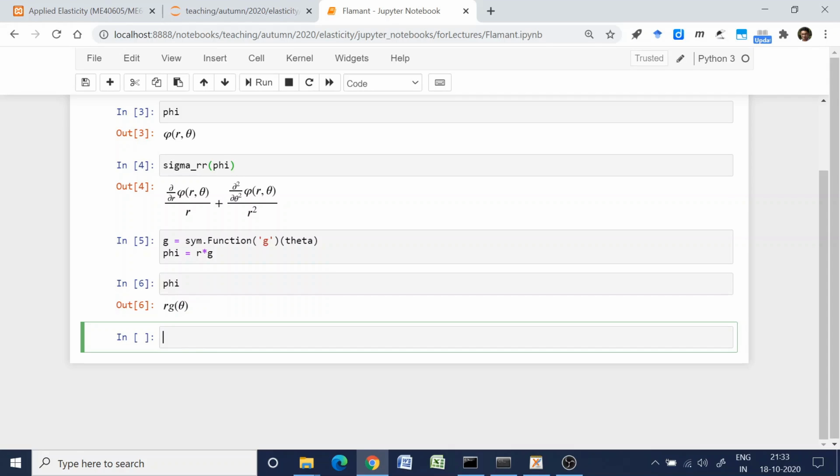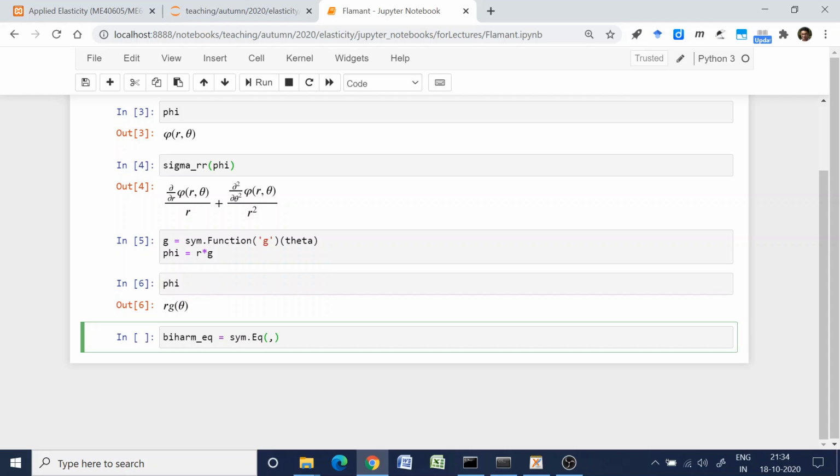Now, as we have done so many times earlier, our first job will be to satisfy the polar biharmonic equation. So let's set up an equation, the polar biharmonic equation, like this.